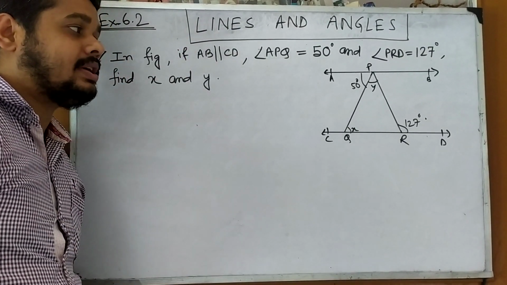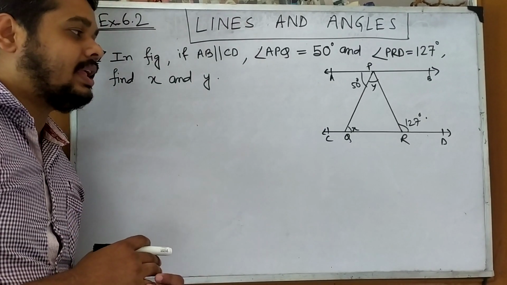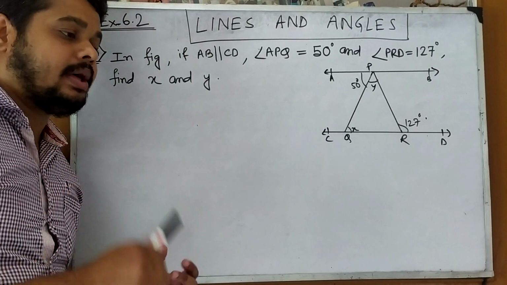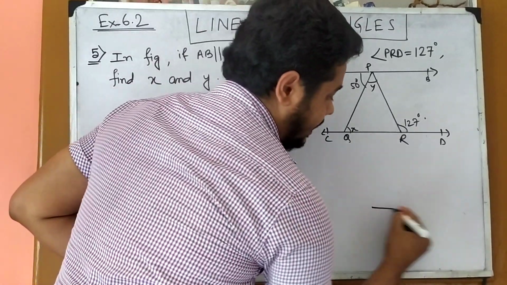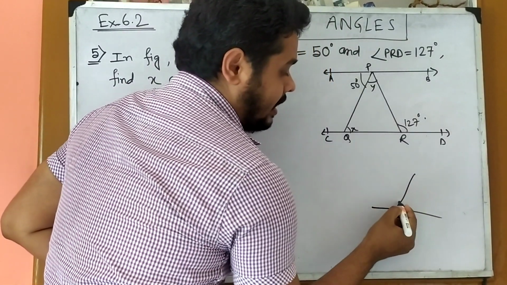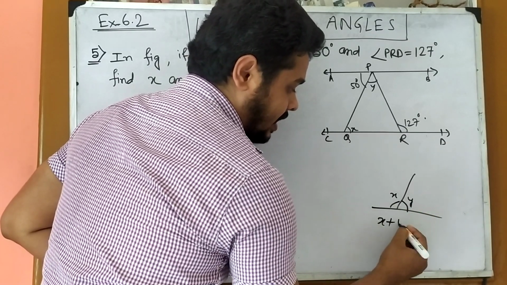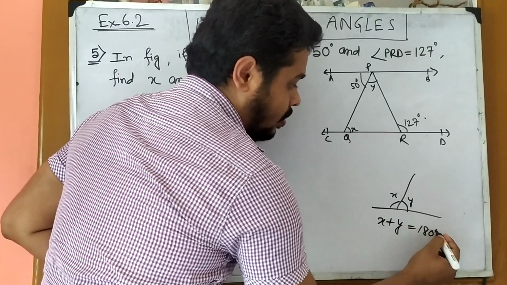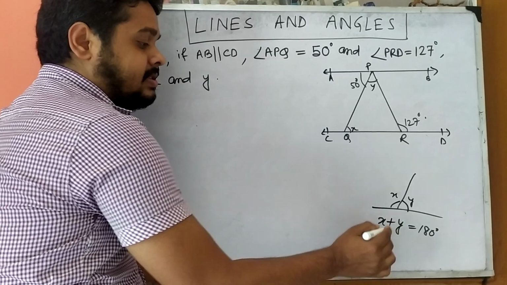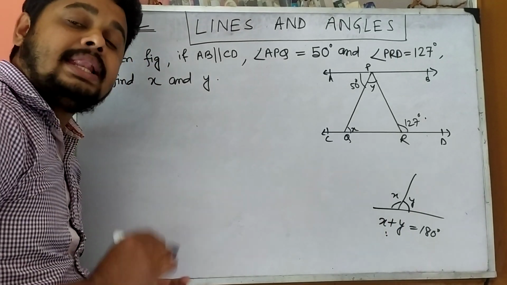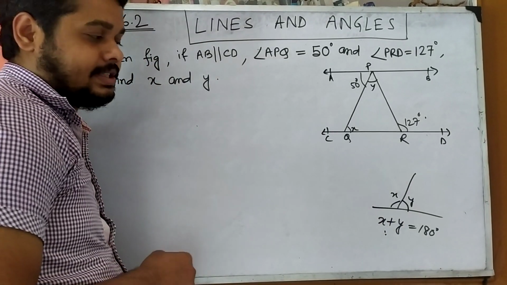But before that, I am very sorry to say that last day I made a mistake. We know if one line is standing on another line, then the sum of these two angles, that is x plus y, is 180 degrees. And this property is called linear pair of angles.